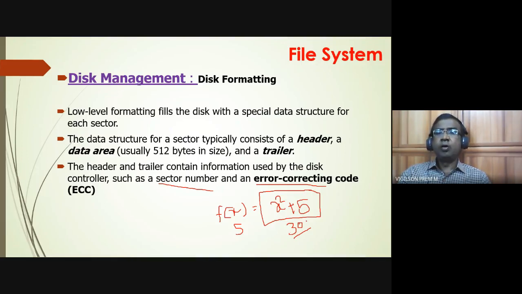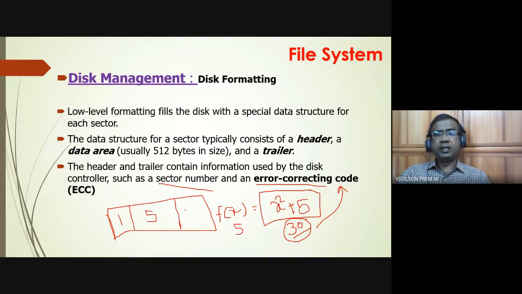They know only that 30 is stored in the error correcting code, that is at the trailer. So consider this as a sector. In the sector, we will have the sector number as a header. The data part I am storing as 5 and the trailer part I am storing as 30. And nobody knows how I got this number 30. That I only know, because I am doing some operation on the data I have.